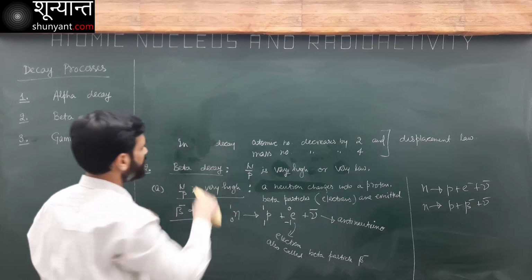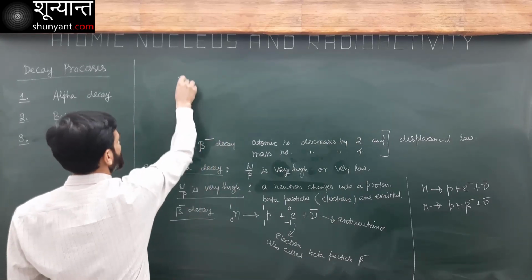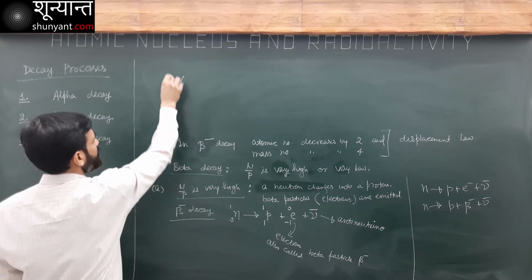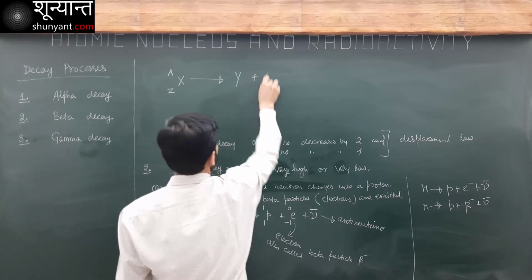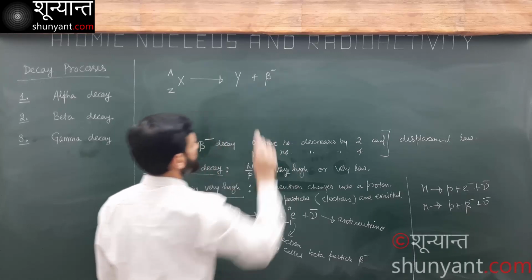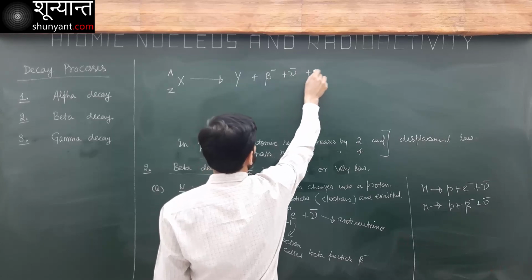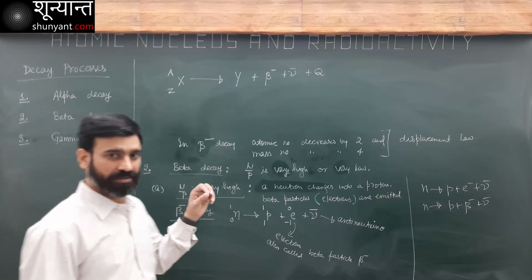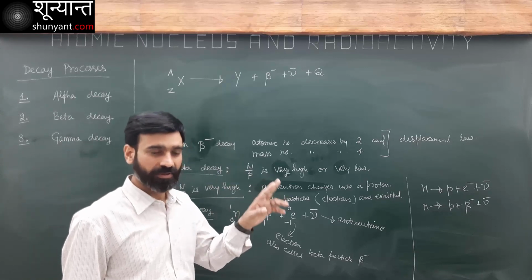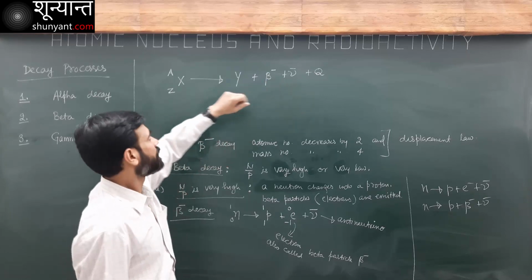In beta negative decay, it's like this: X with Z here and A here changes into Y plus beta minus, plus antineutrino, plus there can be some energy involved. Almost always energy is involved in every nuclear reaction.